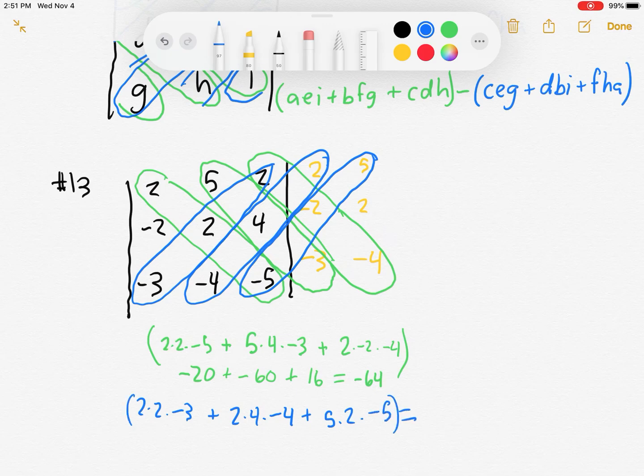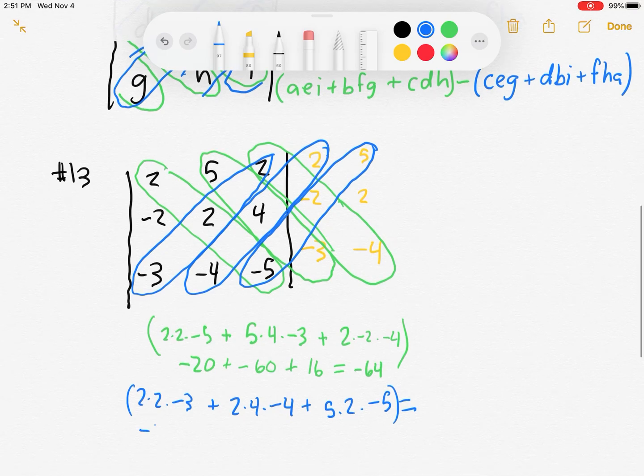We go ahead, just do some quick arithmetic. That's -12. That becomes -32. And this becomes -50, correct? 5 times -5 is -25, times 2 is -50.